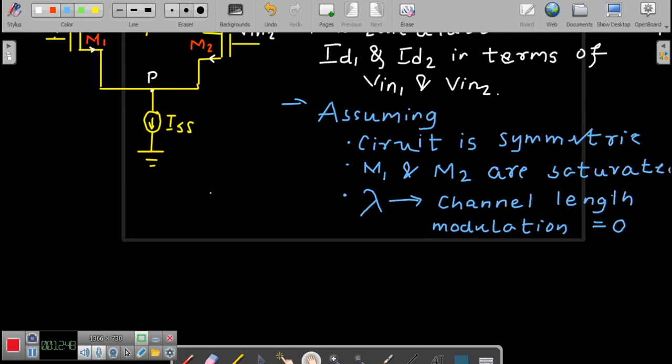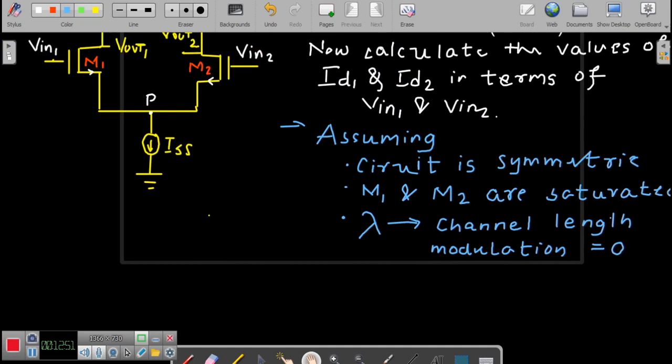So now if you look at this diagram, please refer to the point P here. Refer to the point P. Okay. So the voltage at point P can be written as Vin1 minus VGS1.